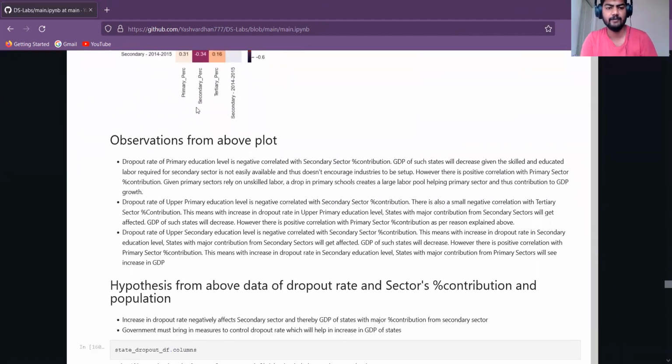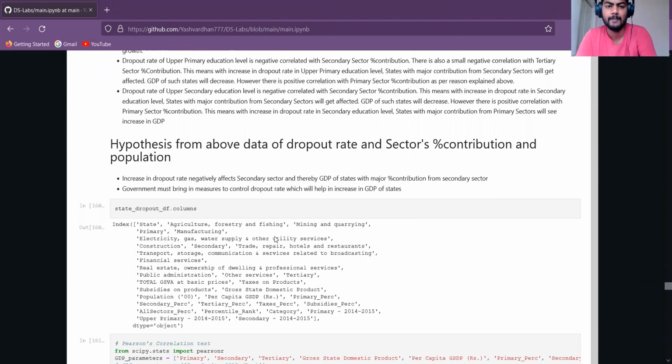From the above heat map, we found that the dropout rate of the primary education level is negatively correlated with the secondary sector percentage contribution, and the dropout rate of the upper primary education level is negatively correlated with the secondary sector percentage contribution.